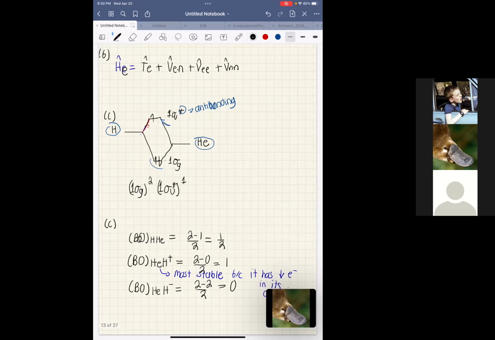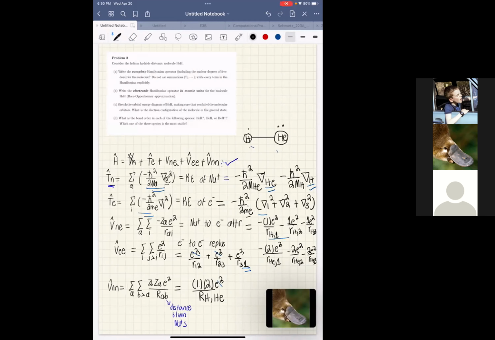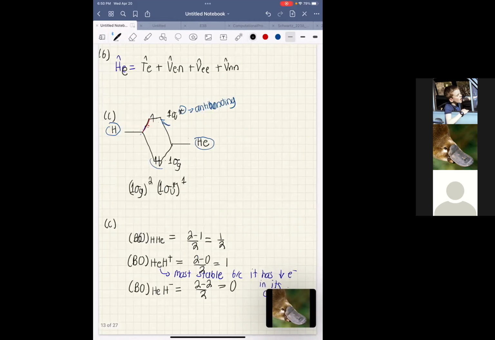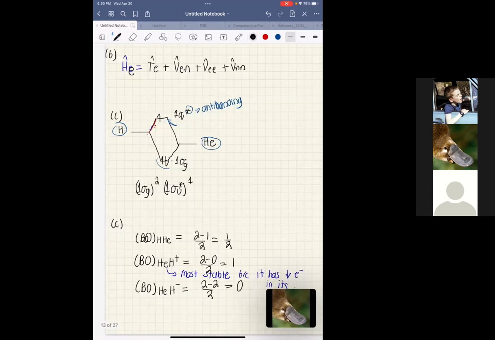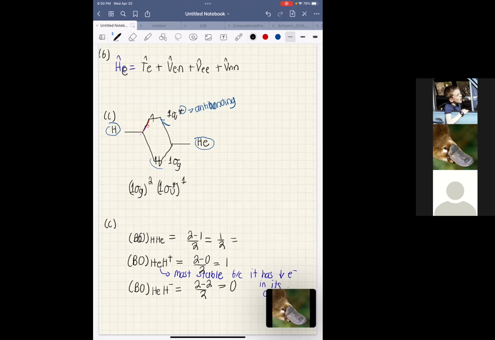Part D. Did it ask you directly for this, or did it ask you anything different? Did it ask you specifically about these here? Yeah. Okay. I just want to make sure. So bond order has to do with the number of electrons in the bonding orbital minus the number of electrons in the antibonding orbital, over 2.